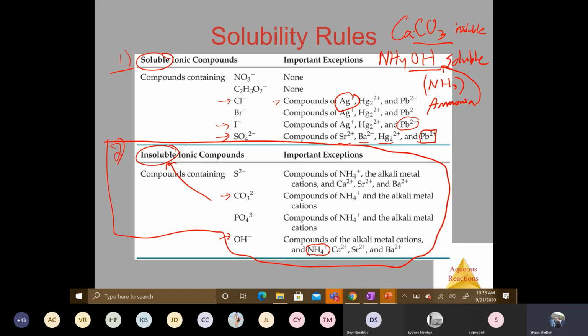All right, let's do another one. Let's do zinc sulfide. Anybody want to take a stab at this one and tell me if it's soluble or insoluble?